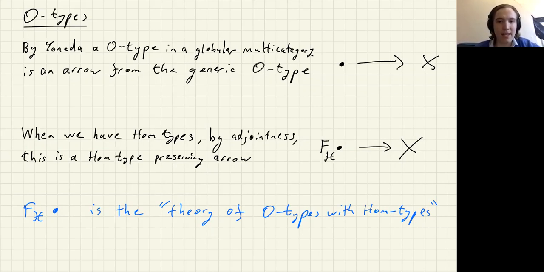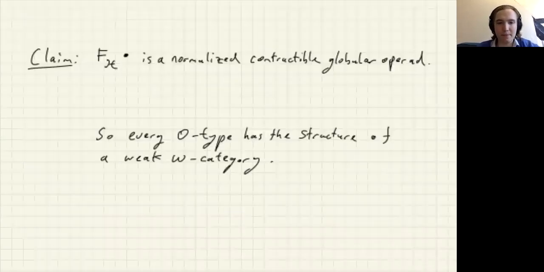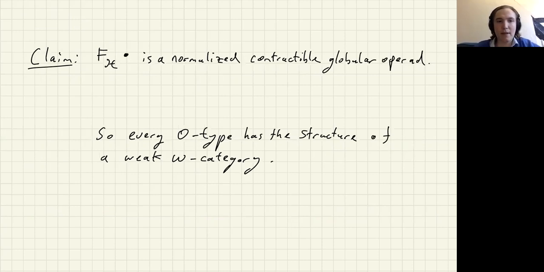And a type in a globular multicategory with homomorphism types is precisely the same as a map from the theory of types with homomorphism types. And it turns out that this theory of zero types with homomorphism types is a normalized contractible globular operad.